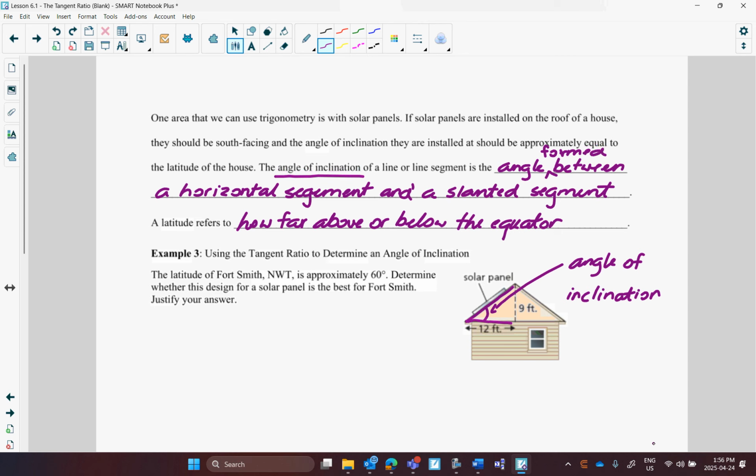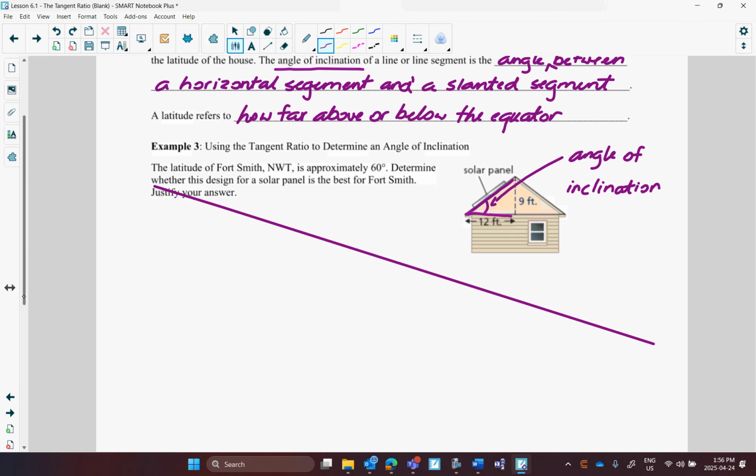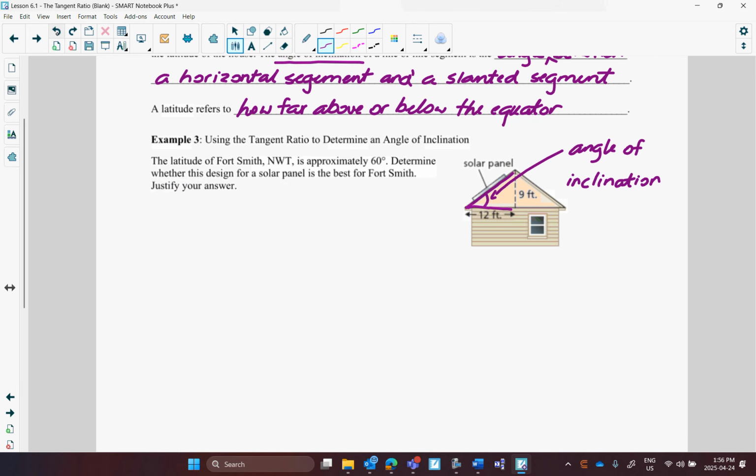So what do I have to find? I have to find this missing angle of inclination. So look at this triangle. This is 9 feet. This is 12 feet. This is a right angle. That's what I want to try and find. I don't know it yet.